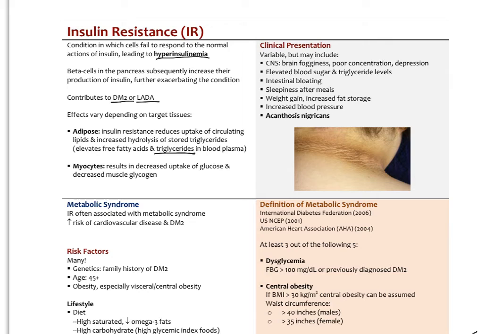The clinical presentation of insulin resistance varies, and typically we'll just see, on the blood tests and the blood work, the A1C ranges, for example, that a person is insulin resistant. But they can include very generic symptoms like CNS, like brain fogginess, poor concentration, depression. We'll see the elevated blood sugar and triglycerides. But things like intestinal bloating, sleepiness after meals, weight gain, can increase fat storage, increased blood pressure, and then a characteristic darkening where there are folds in the skin called acanthosis nigricans.